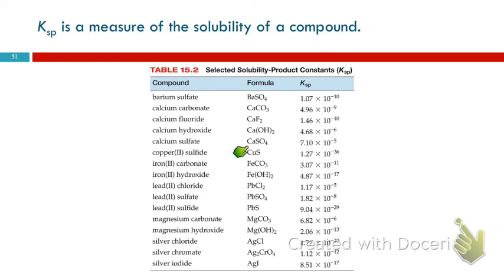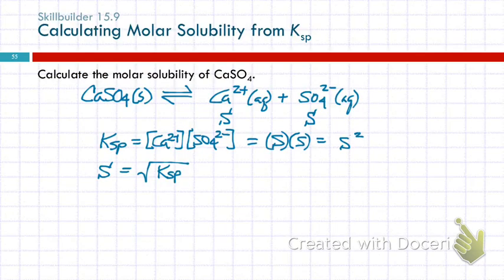So here's calcium sulfate, CaSO4, 7.10 times 10 to the minus 5. So the square root of 7.10 times 10 to the minus 5.